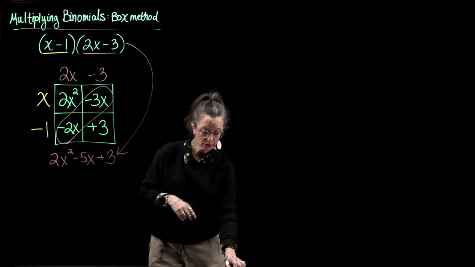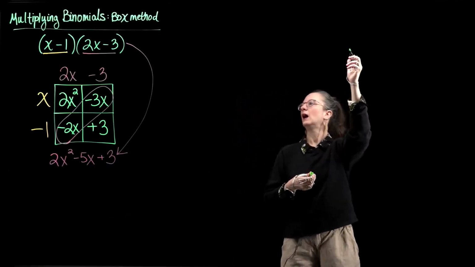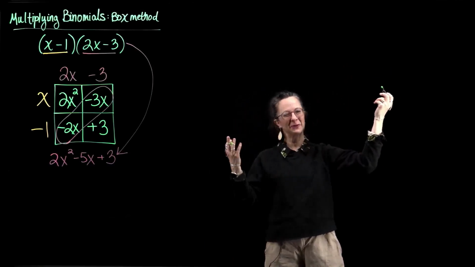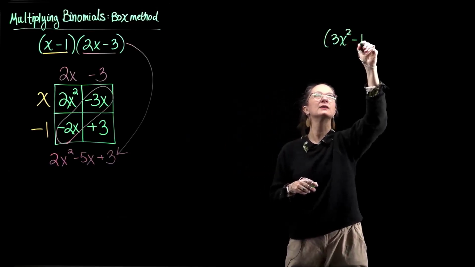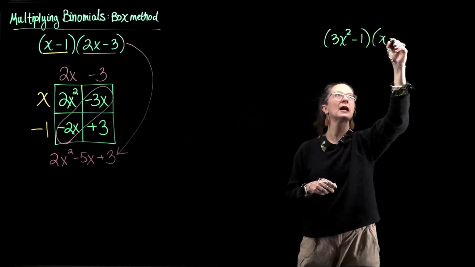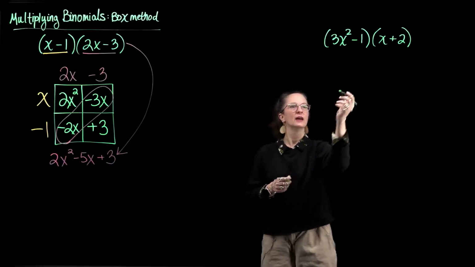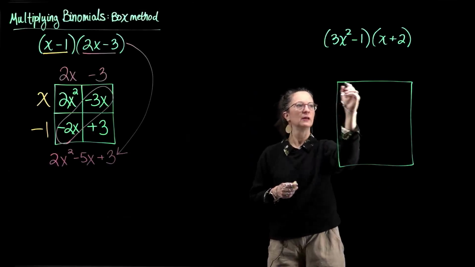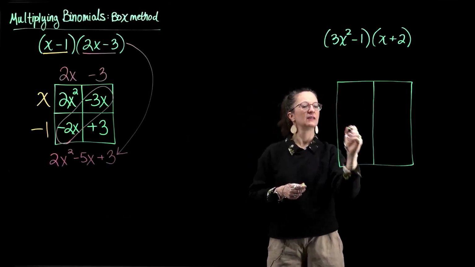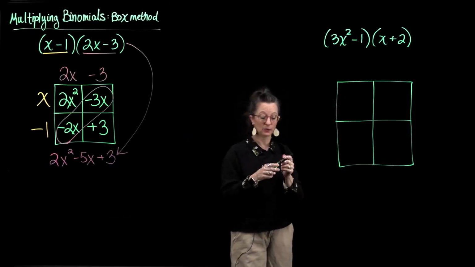Okay, let's work through one more. So again, let's write down the problem first. We'll do 3x squared minus 1 times x plus 2. Again, I'm going to draw a square. I will divide it vertically down the middle and horizontally across the middle, just like I did before.